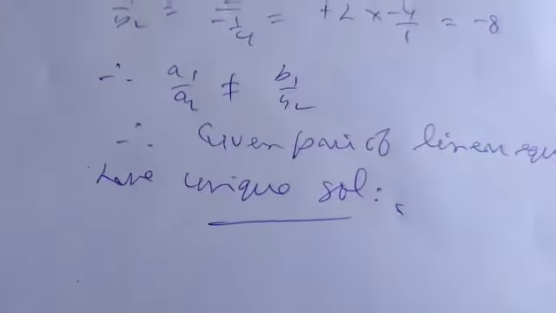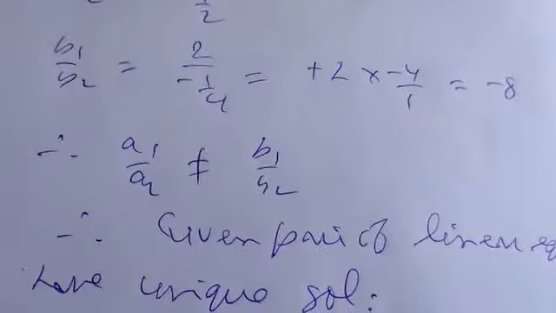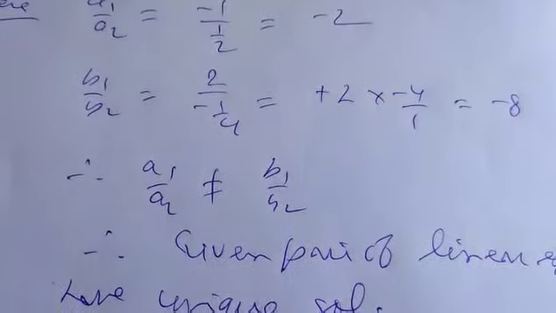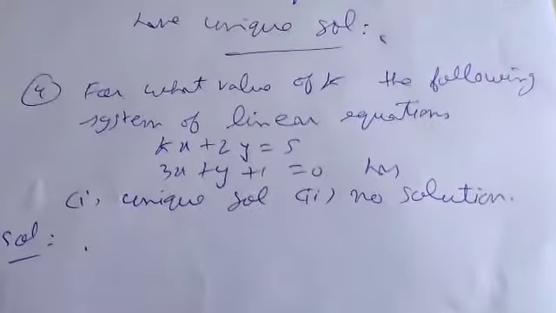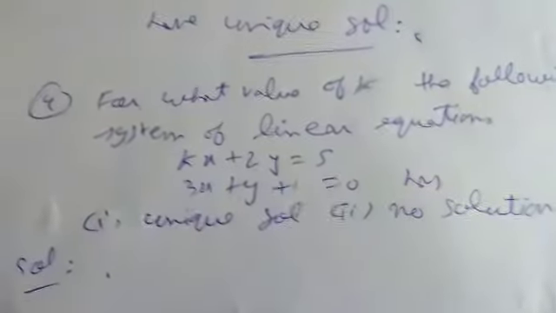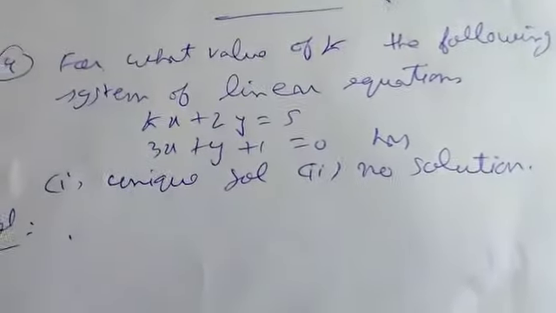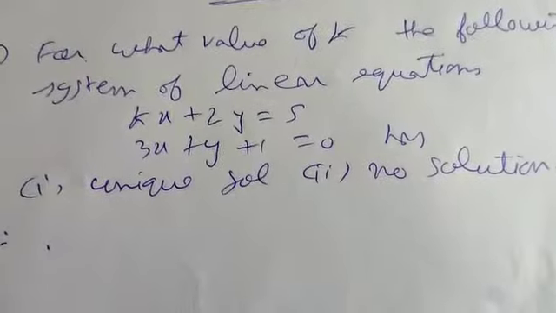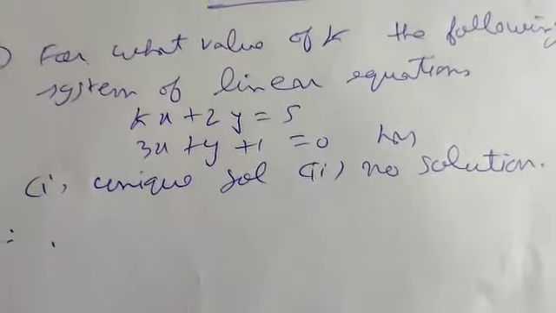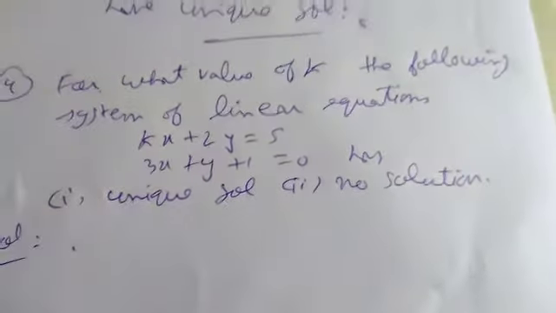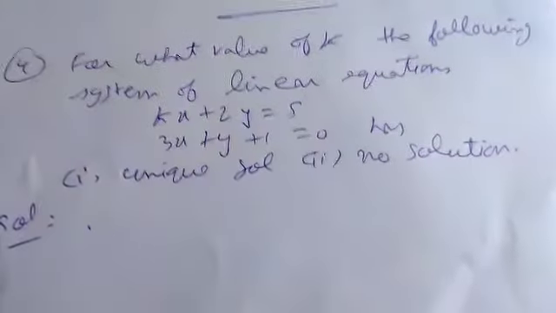Therefore we can say that a1 by a2 is not equal to b1 by b2. Therefore the given pair of linear equations have a unique solution. So this is our answer.